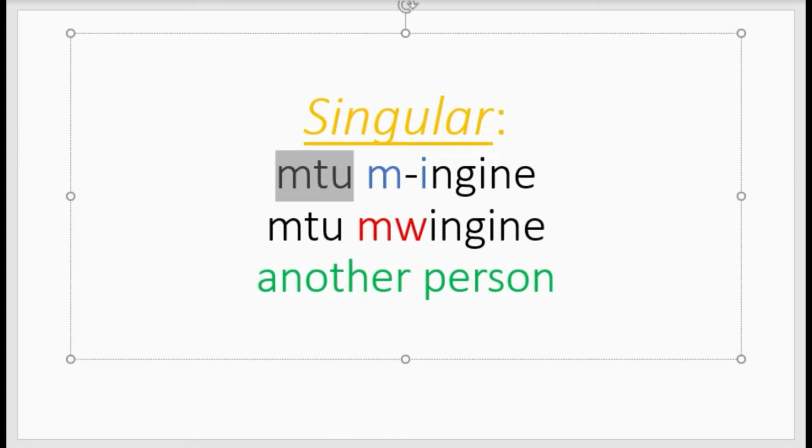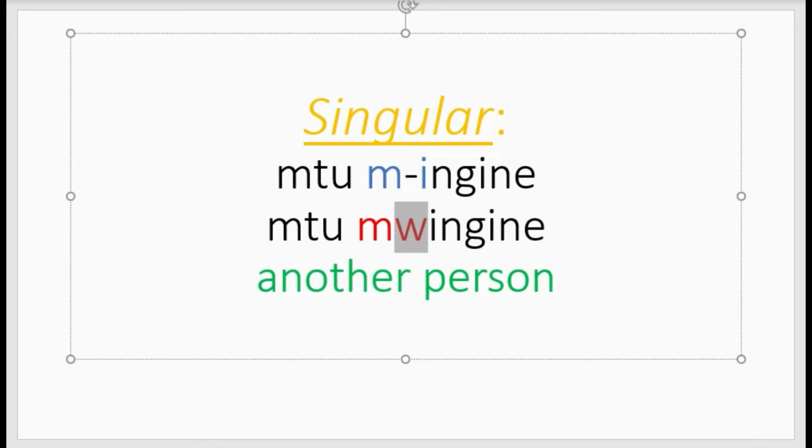Now our second example, mtu mwingine. There is m, which comes from the noun mtu, and then there is a dash, ingine. The missing letter here will be the w. That's the missing letter.